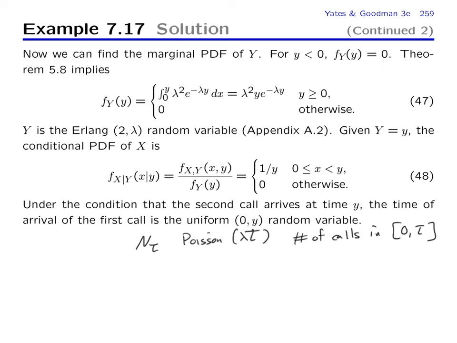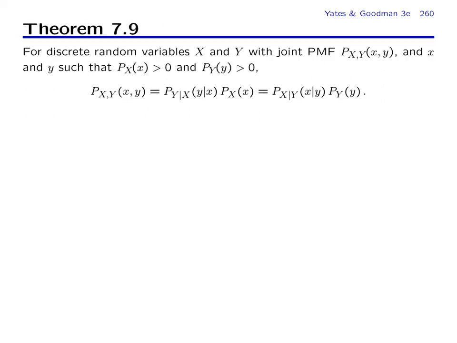So in fact, this model for the arrival time of the first call and the second call is exactly the same Poisson model, but just expressed in terms of these random variables of the arrival times.